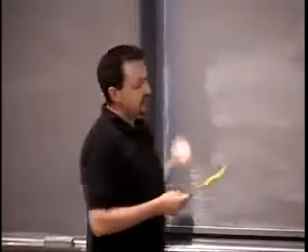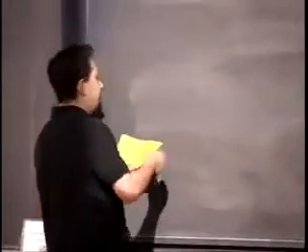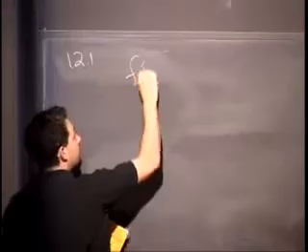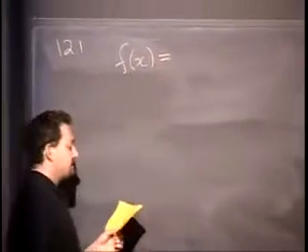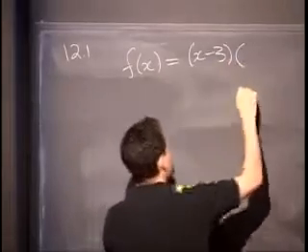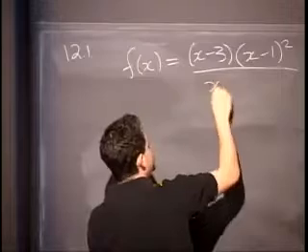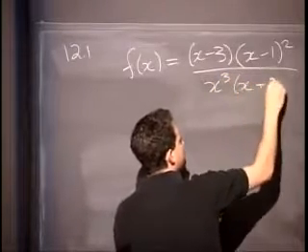So let's just talk a little bit about tables of signs for a function itself. Forget calculus for the moment. The idea is going to be this. Suppose I have, for example, a function that I'd like to sketch: (x minus 3)(x minus 1) all squared over x cubed times (x plus 2).